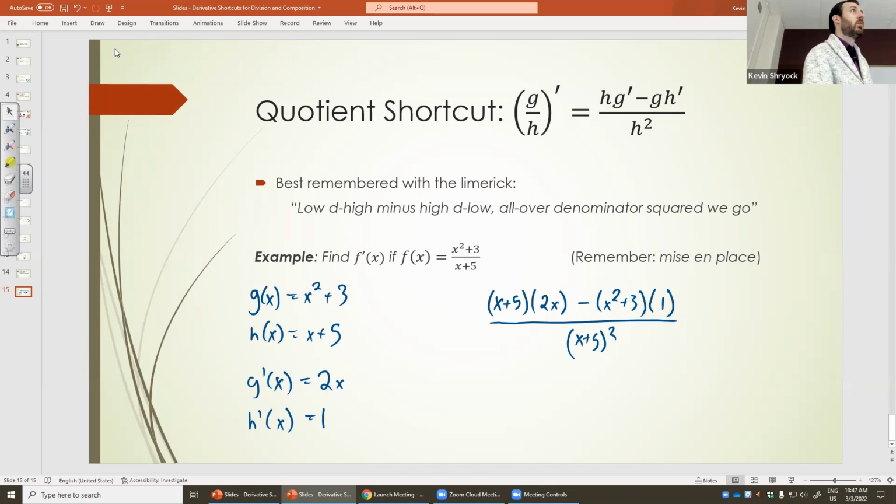This is our derivative. If you want, we can do a little simplification to make it look pretty, but we're done now.